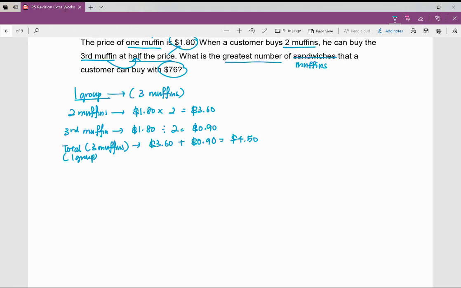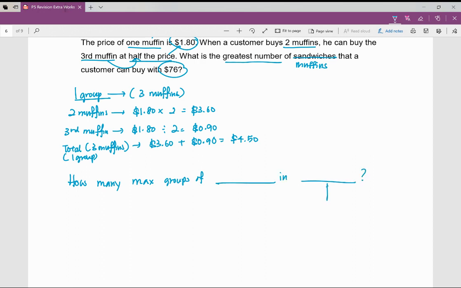So what is the greatest number of muffins that a customer can buy with $76? So I will try to maximize my number of groups of 3 muffins so I can get as many as I can. Okay, so how many maximum groups of what in what?